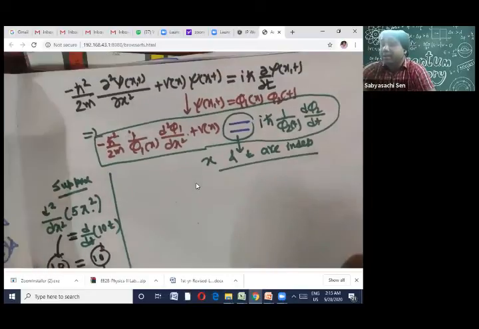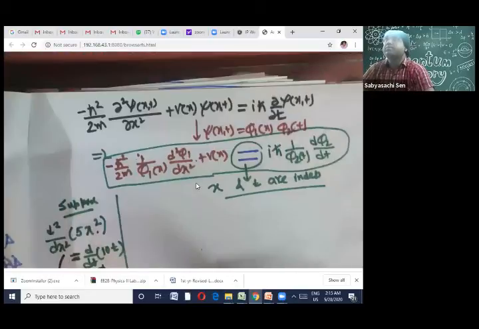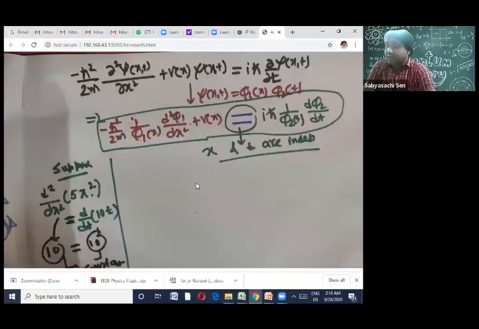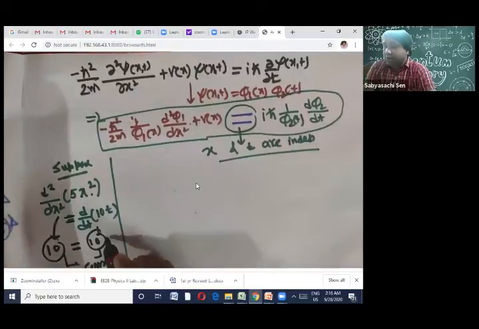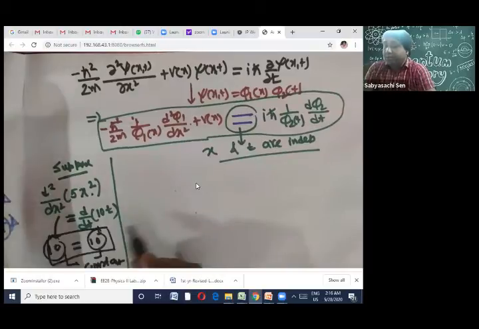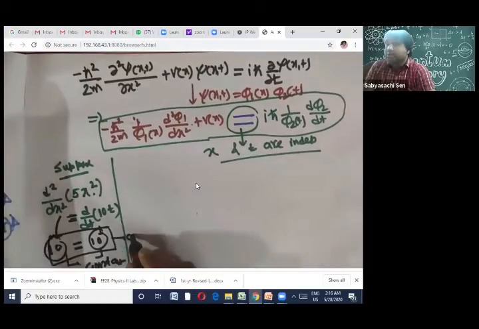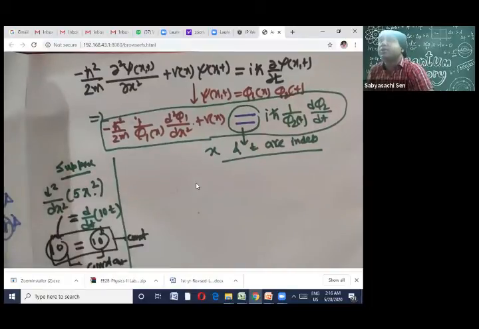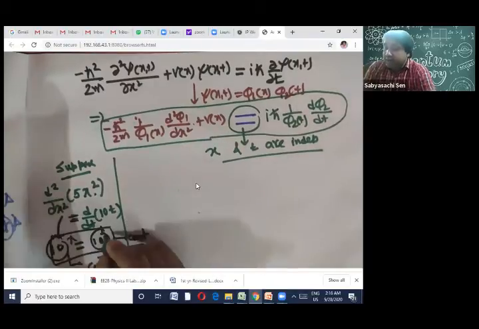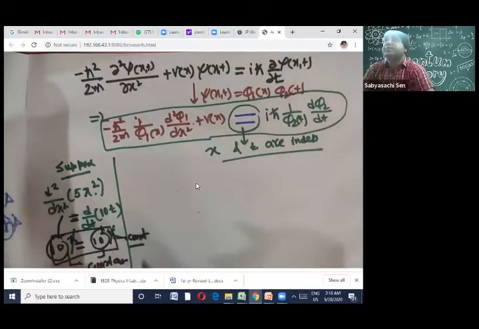Both sides are giving you a pure constant quantity. That means you are not ending up with an x dependent or t dependent term.